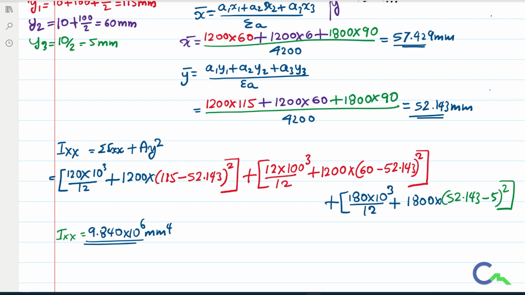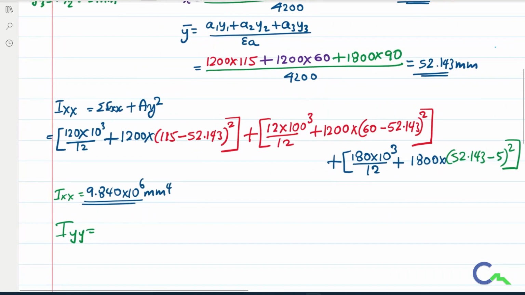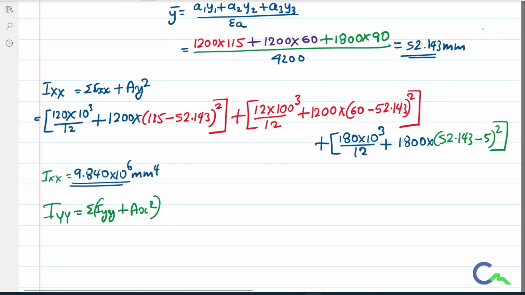So that is the one value. Now I want to calculate Iyy. Iyy is nothing but sigma Iyy plus a into x square, where I will take this as capital Iyy.